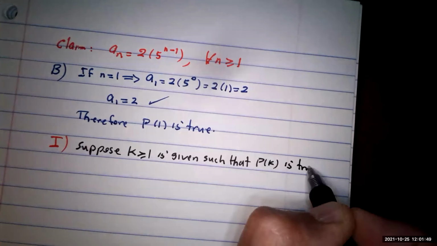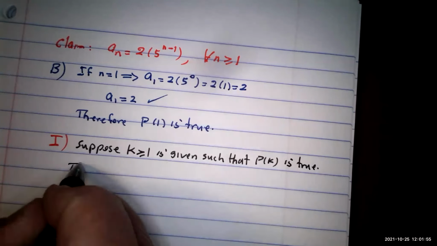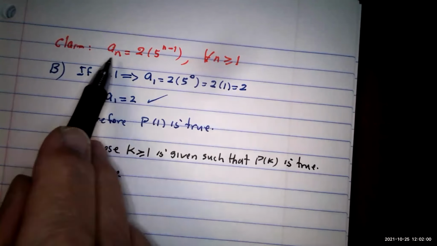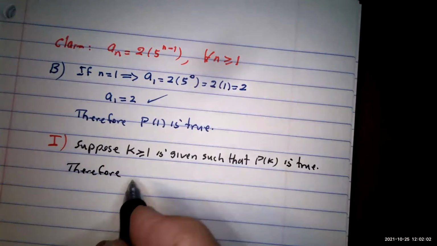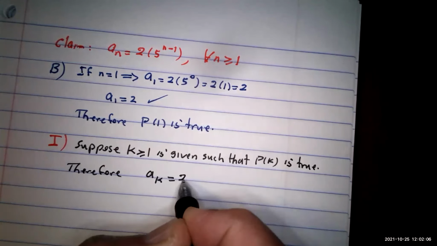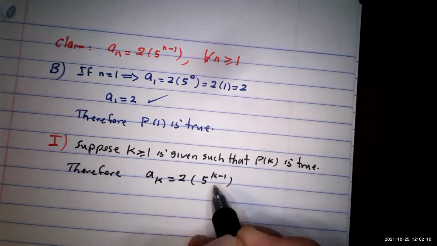What does it mean that Pk is true? It means your formula is true for k: ak is equal to 2 times 5 to the k minus 1.